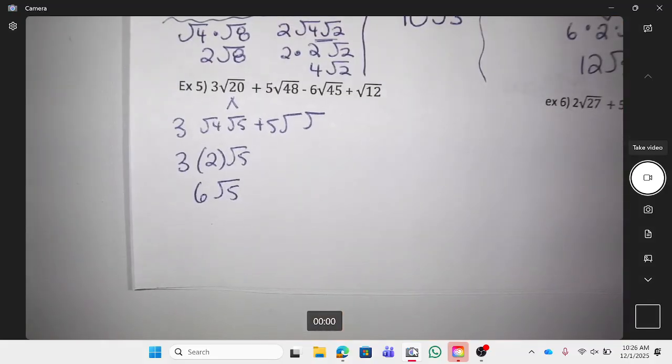Which perfect square are we picking for the 48? 16, okay? And it's a tricky one again, because if you had picked 4, it would have been 4 times 12. But would you have recognized 12 is also breakdownable by another 4? Right?